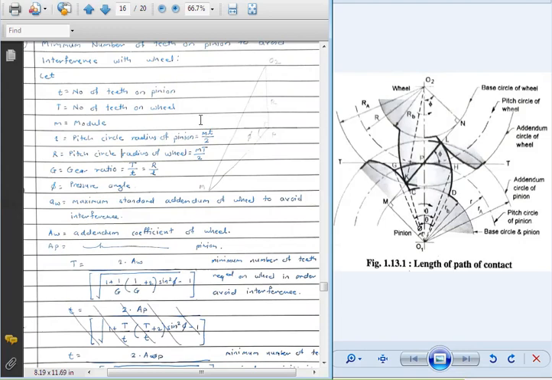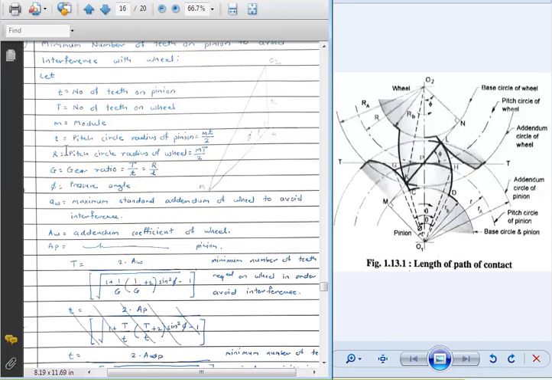It can be calculated by mt by 2. M is the module and small t is the number of teeth on the pinion. Then capital R is the pitch circle radius of the wheel, which is equal to m into capital T, the number of teeth of the wheel, by 2. This is about small r and capital R.